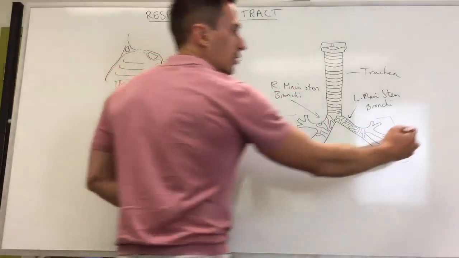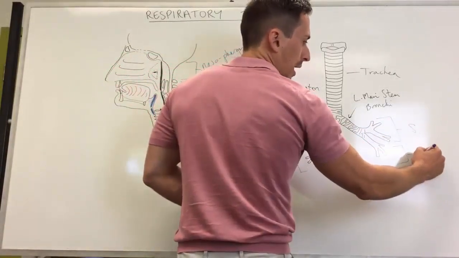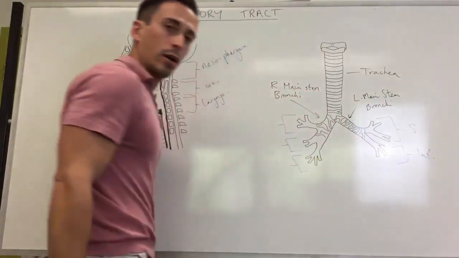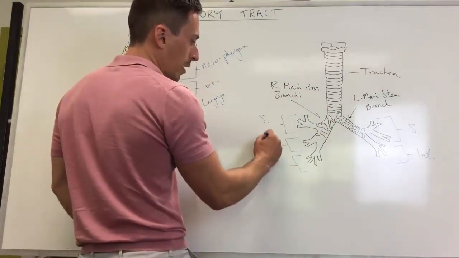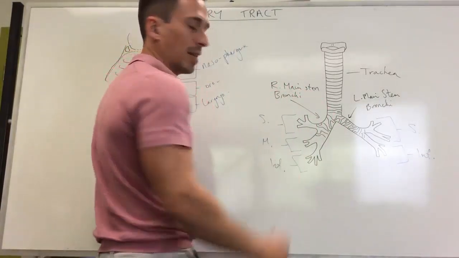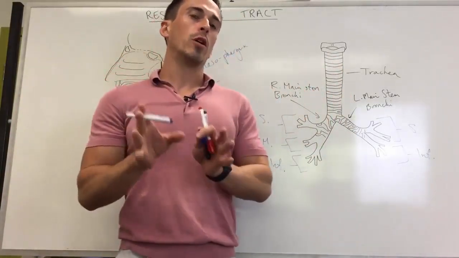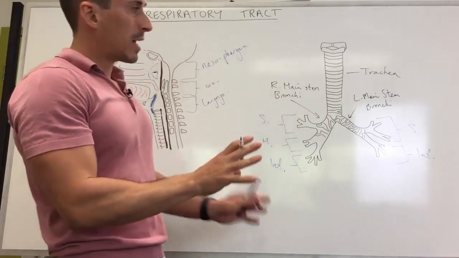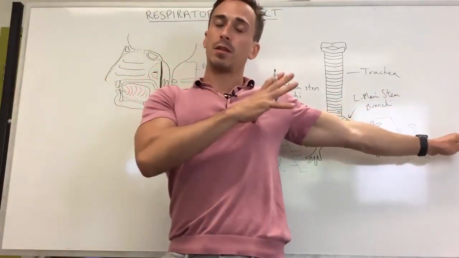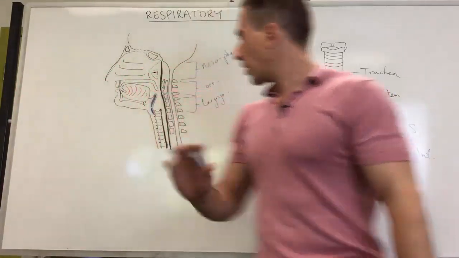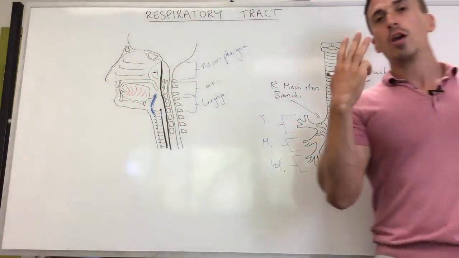Okay, into the superior and inferior, and this is superior, middle, and inferior, and these will go to the various lobes of the lungs, which means that on the left hand side, the left lung has 2 lobes, and on the right hand side, the right lung has 3 lobes.